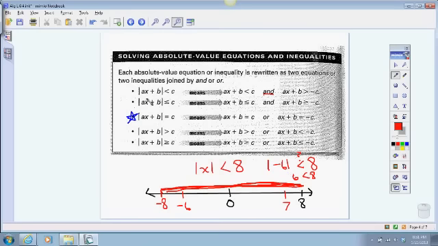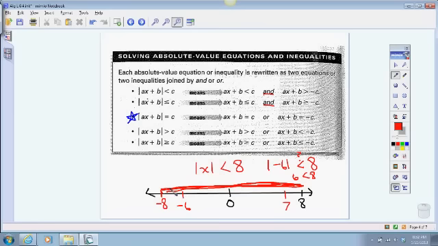So, when you have an absolute value inequality, if it's less than or equal to, you're going to set up two and statements. Your expression is less than c, and your expression is greater than a negative c. That's right here, because it kind of works opposite our distance from 0.